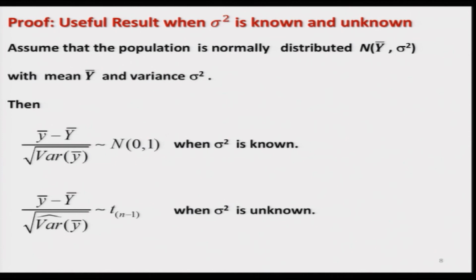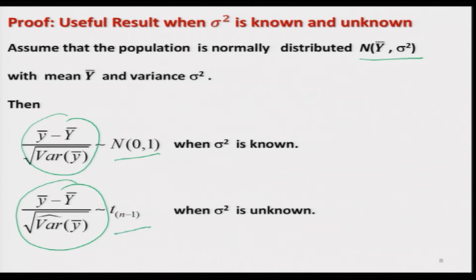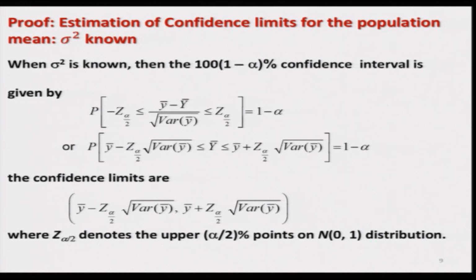That is the same result which we have used, that I have written here more clearly for your records. That if the population is normal with mean y bar and variance sigma square, then this quantity follows a normal distribution and this quantity follows a t distribution. This is just for your records. And here I am just trying to give you the algebra which I showed you manually. Once again, this is just for your records, so that when you look into the slides, you have a clear expression without any mistake.